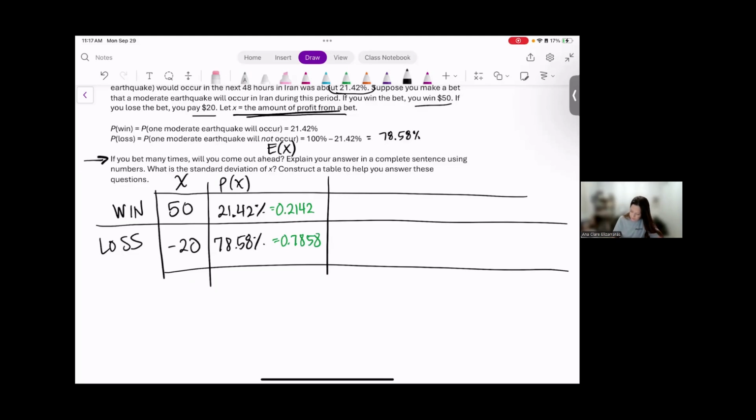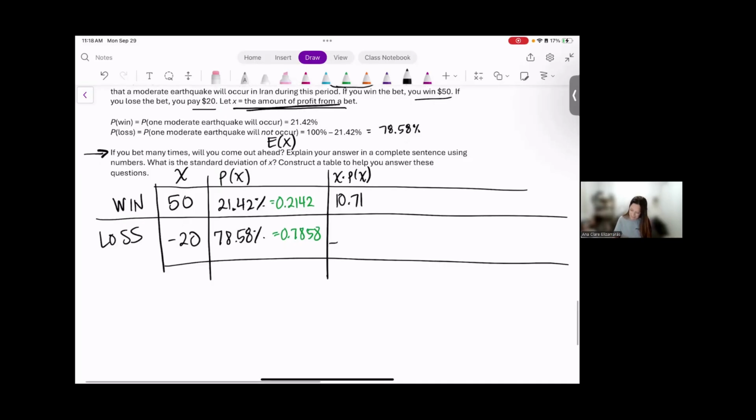Now, to calculate the expected value, we do the X value times the probability. So 50 times 0.2142 is 10.71. Negative 20 times 0.7858 is negative 15.716.